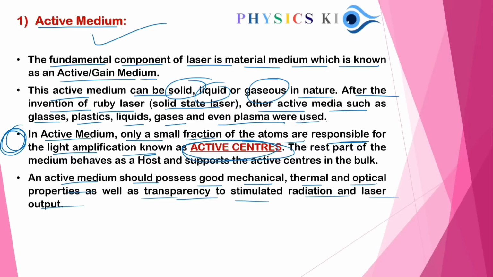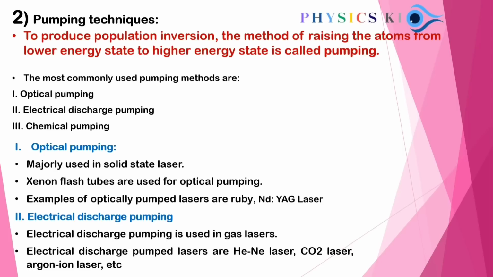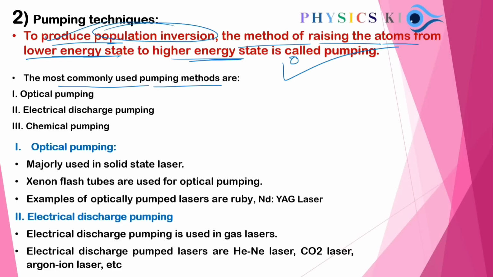Your second component is the pumping technique. To produce population inversion, the method of raising atoms from a lower energy to a higher energy is called pumping. The most common pumping methods are optical, electrical or chemical.